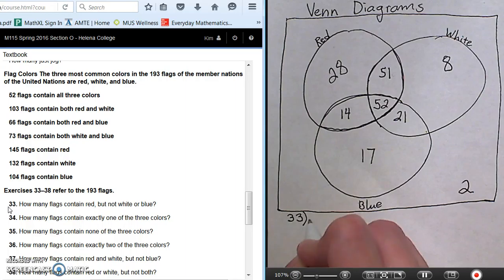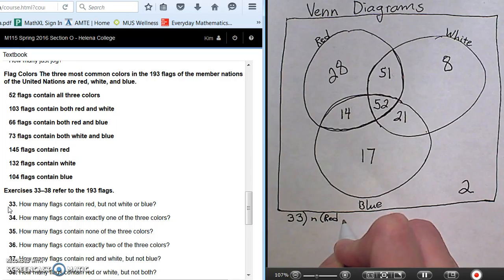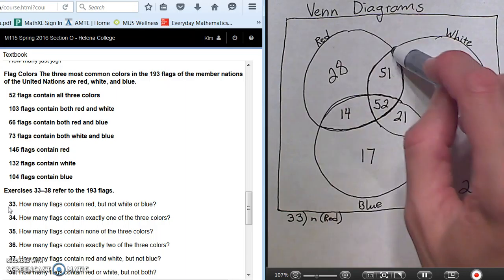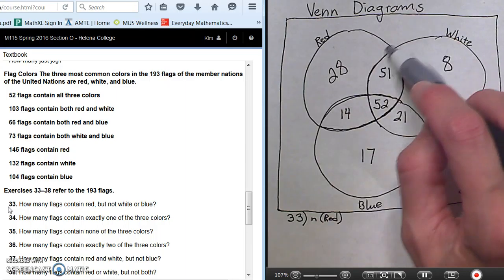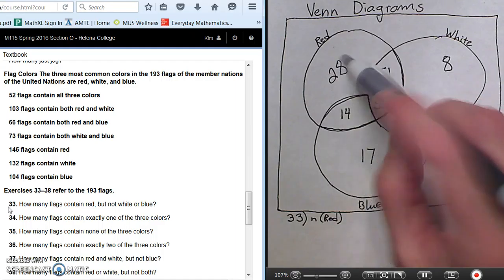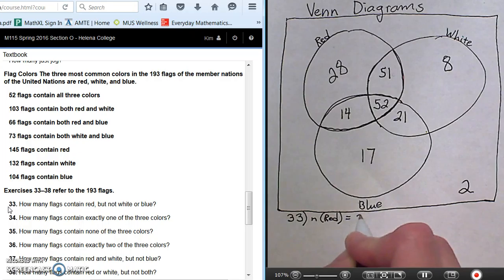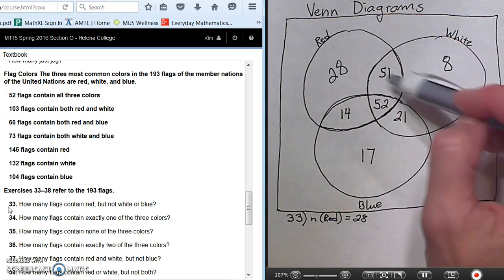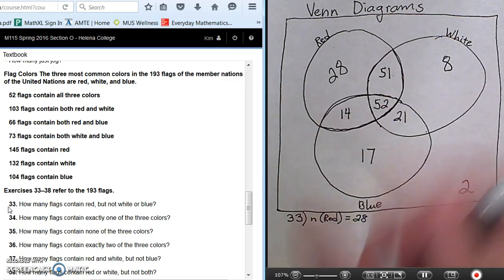So 33 is asking for the number of red flags that do not have white or blue. So if I look at my circle of red, I do not want the values where white and blue overlap with the red circle, and that leaves just 28. There are 28 flags that have red in them that do not have white or blue.